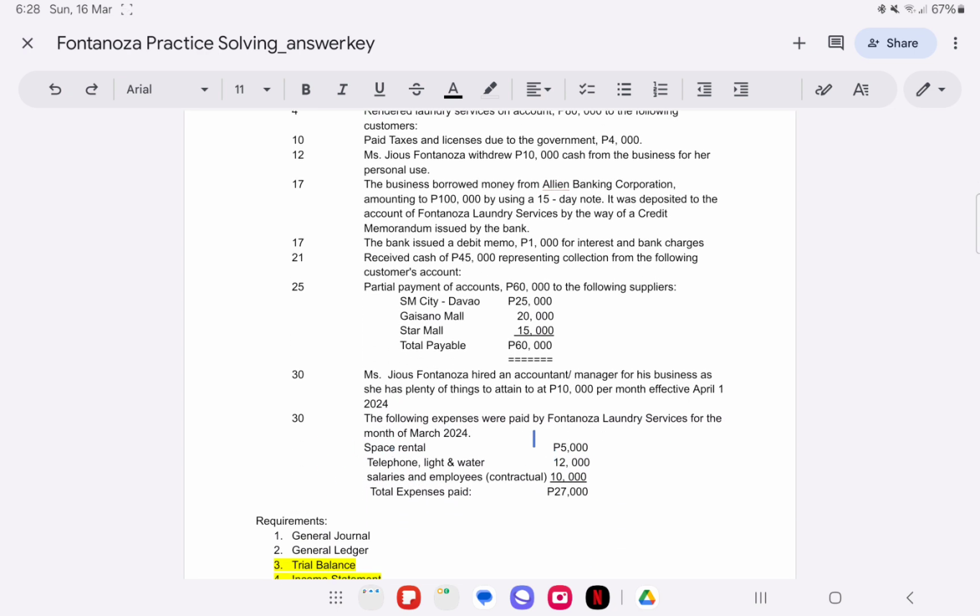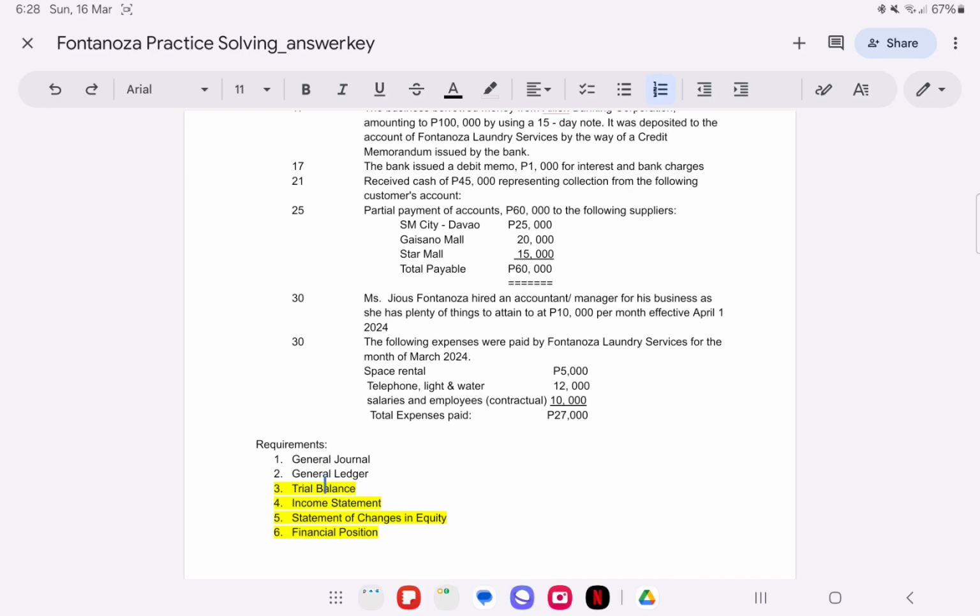We also have the following requirements: the general ledger, trial balance, income statement, statement of changes in equity, and financial position. First we will be solving the first requirement, which is the general journal.